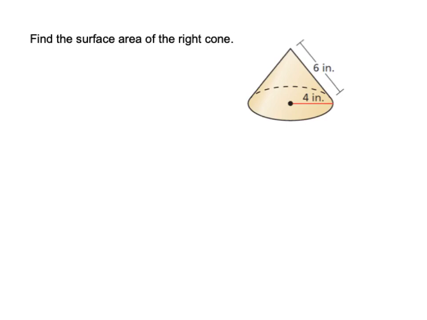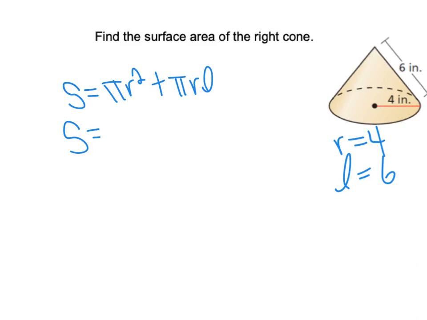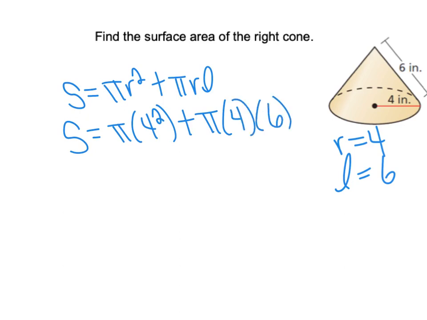Okay, here we have a cone. We know the radius is 4, and we know that the slant height is 6. Let's go ahead and write down our formula: pi r squared plus pi r L. And then we're going to put in our known values. Pi is just pi. Eventually we're going to use that in the calculator. R is 4, so we're going to have 4 squared plus pi times r, which is 4, times the slant height, which is 6.